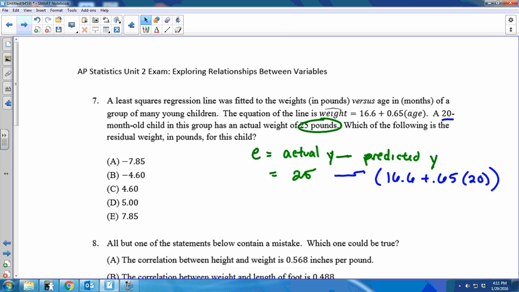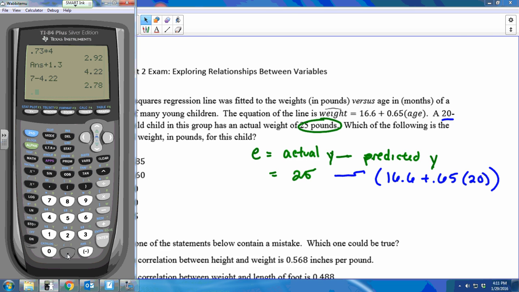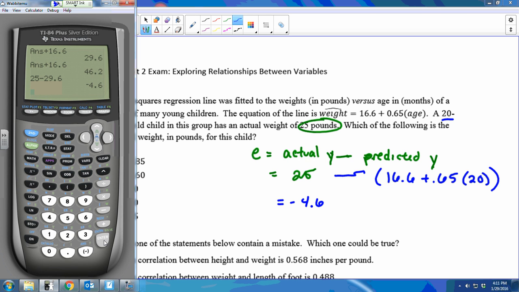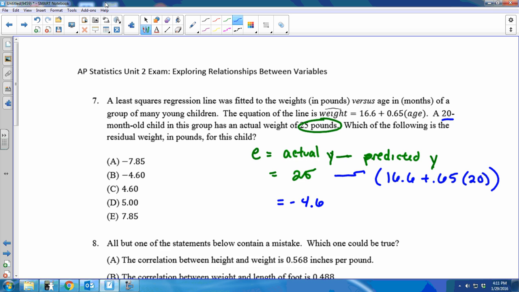I would figure that out. So 0.65 times 20 plus 16.6, and 25 minus that answer is negative 4.6. So the correct answer is B. An actual y minus predicted y. They give you an actual weight. That's why you use the equation to find the predicted weight.